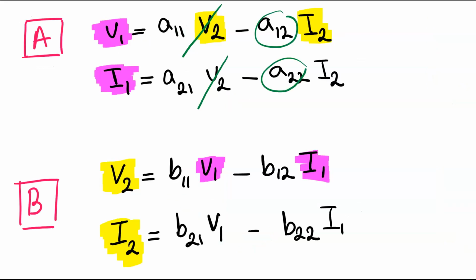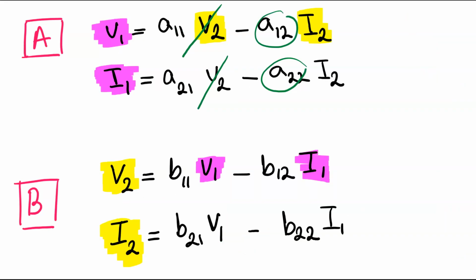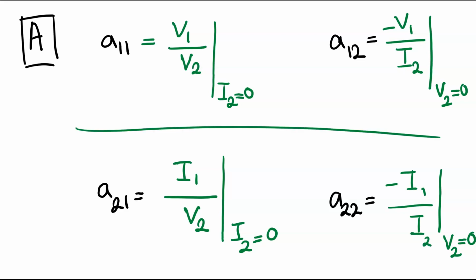And now let's see what I have. A12 is going to be minus V1 over I2. And A22 is minus I1 over I2. Okay, so these are four equations that you need to work with in order to find your A matrix.